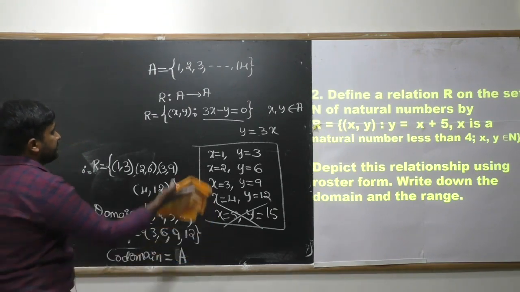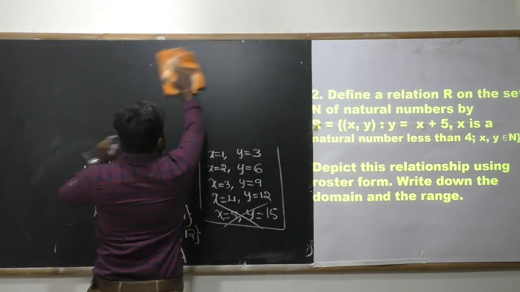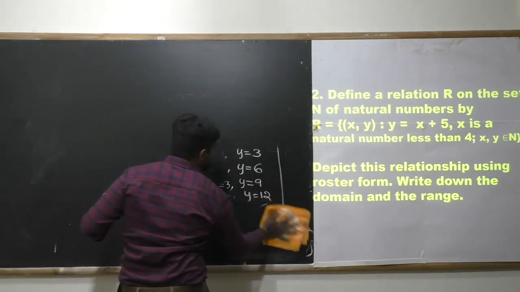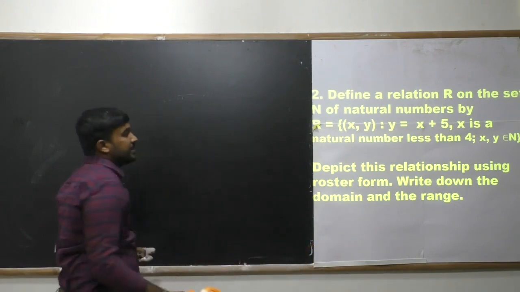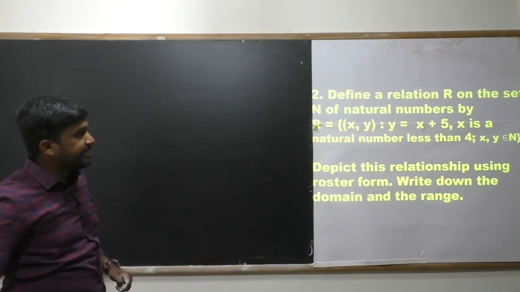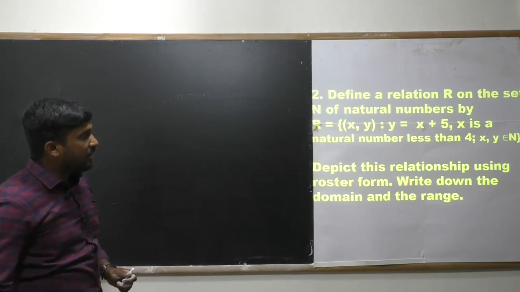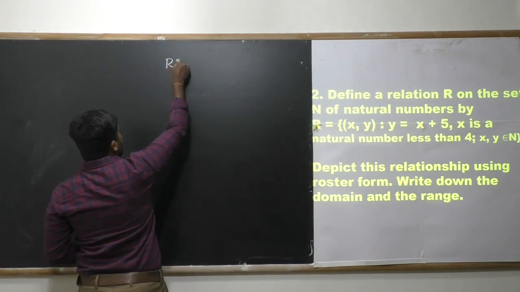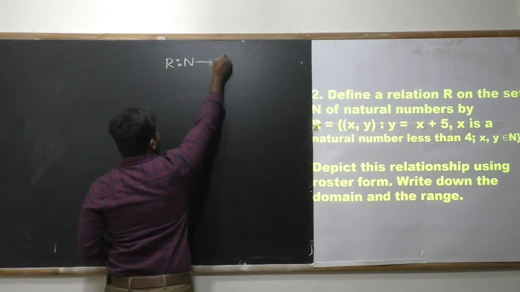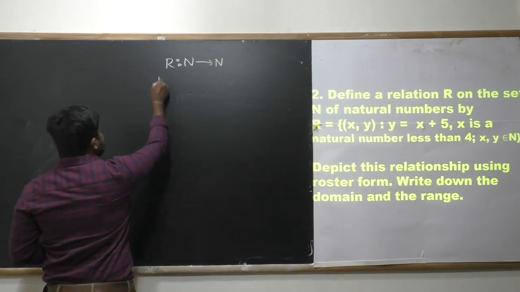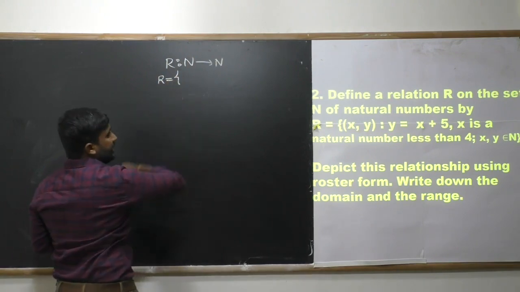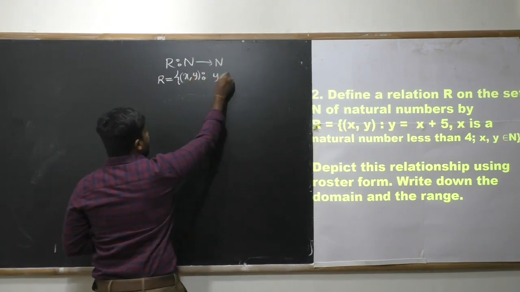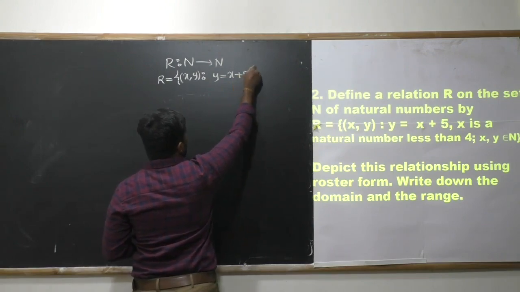Please read the given data. Define a relation R on the set N of natural numbers. Here R is a relation from N to N defined by R is equal to the set containing ordered pairs (x, y) such that y is equal to x plus 5.